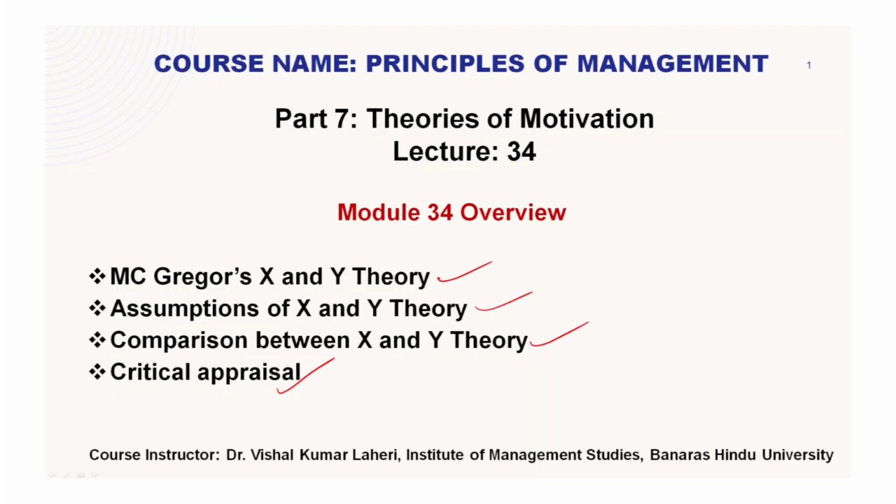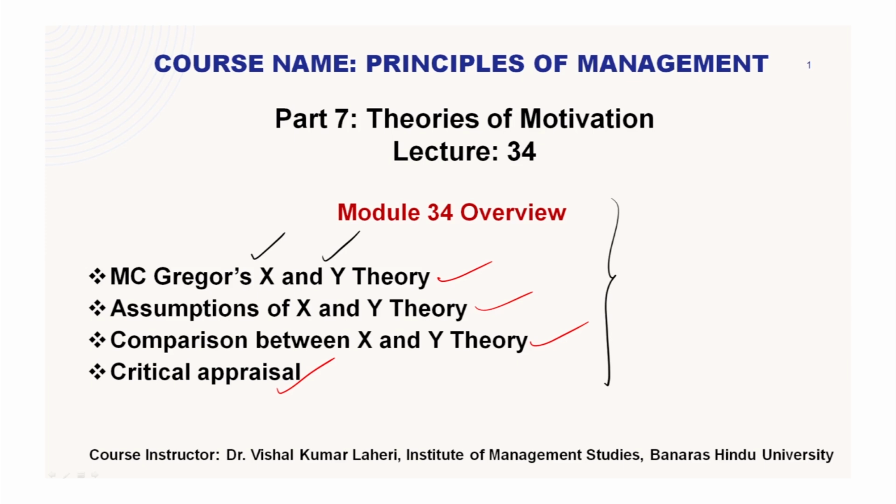If we summarize what we have learned so far, we were discussing the theories of motivation, and in this session we largely discussed the theory given by Professor Douglas McGregor. Theory X and theory Y show different behaviors of employees.